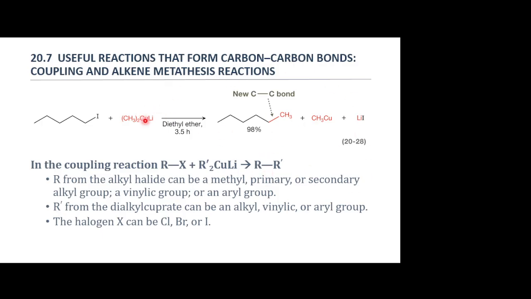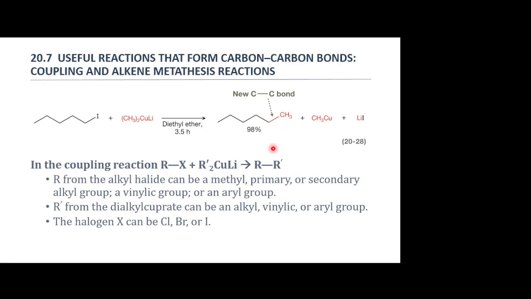The R group here, from the alkyl halide, this can be a methyl, this could be a primary, this could be a secondary alkyl group. It could actually be a vinyl or an aryl group as well. Vinylic meaning it has a double bond next to it. If it's an aryl group, it would be on a double benzene ring like structure, right?